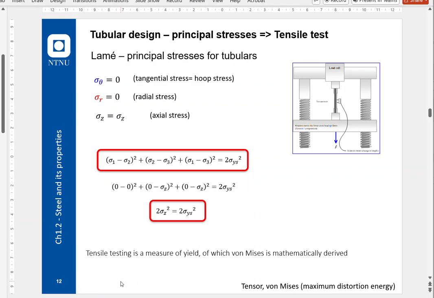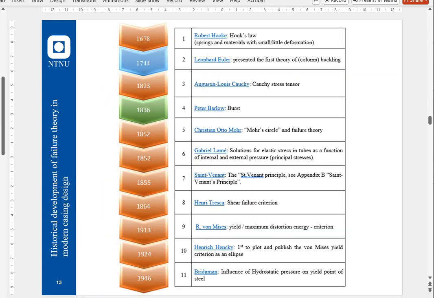Historically, this equation has been very important. It came about, if I remember correctly, in 1913 officially. There are some stories around that there was somebody else talking about it earlier, but through all of history, this is what sits with the German von Mises, and it's also called the maximum distortion criterion.